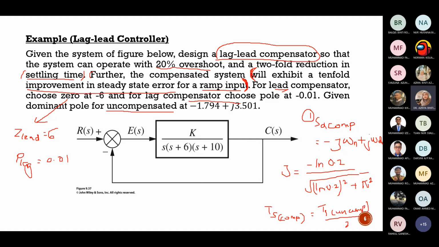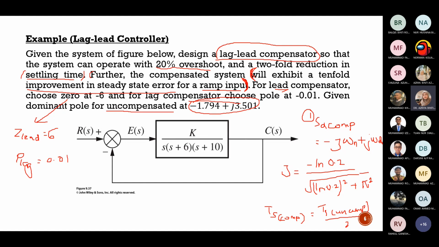Okay, so this is the meaning of this statement, twofold reduction in settling time. So to find the TS compensated, we first need to find the TS uncompensated. How to find the TS uncompensated? We can obtain it from the ST uncompensated.